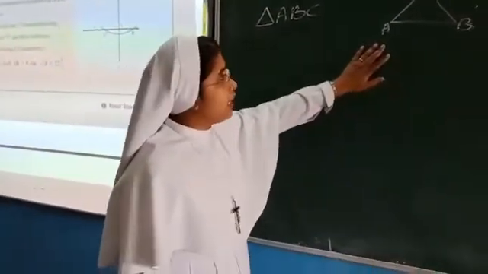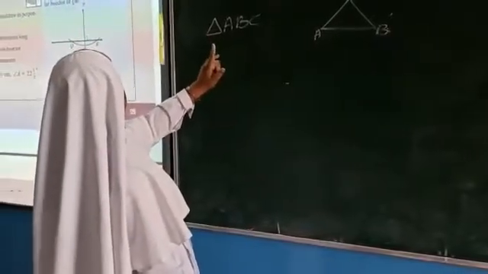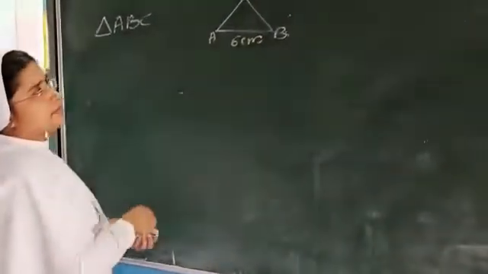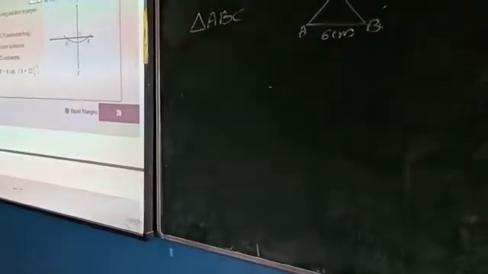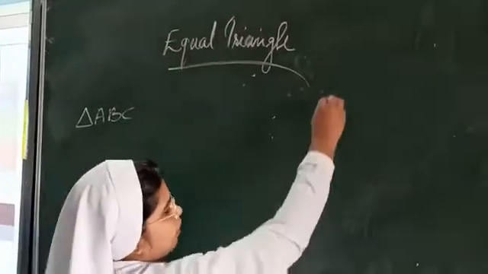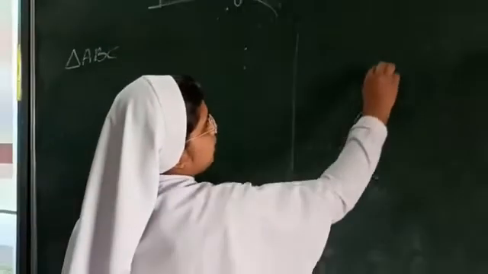This is a triangle ABC. You have to draw a triangle ABC, and what is given? AB is equal to 6 centimeter. Once again I can draw a rough figure. Whenever you have a problem, you have to see a rough figure of the triangle.